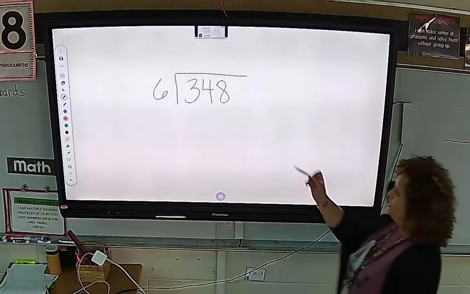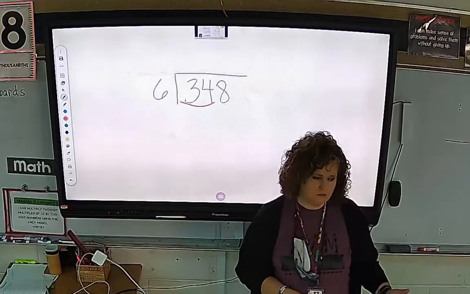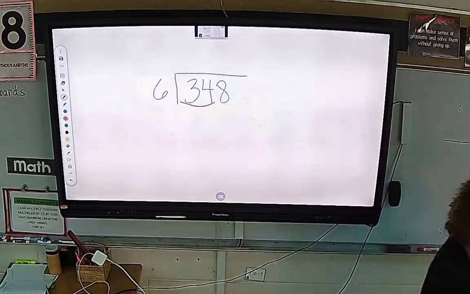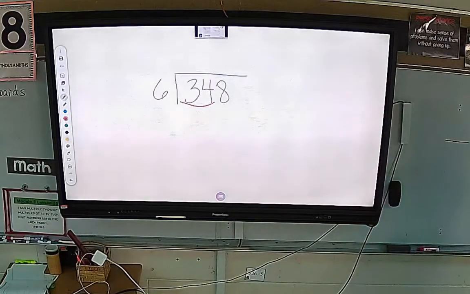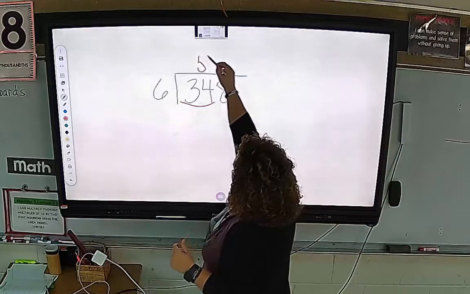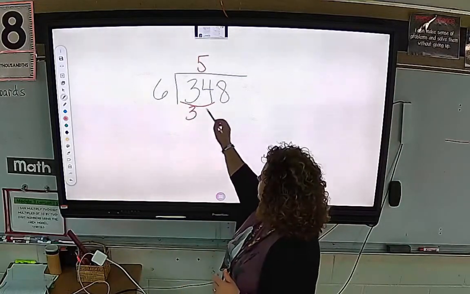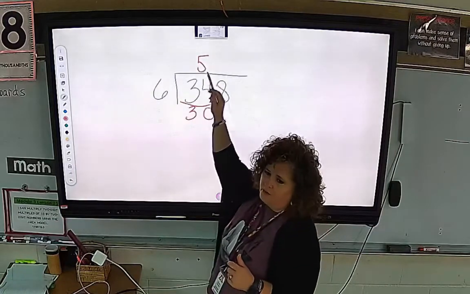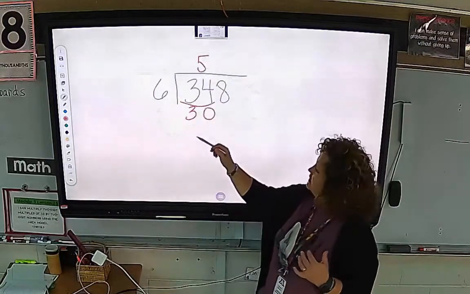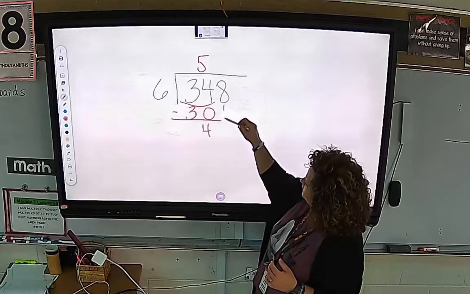No, so we're going to have to pull a digit from next door and look at how many 6s we can get out of 34. What's the most 6s we can get out of 34? 5, okay. Isabella, what is 6 times 5? 30, okay, so we're going to subtract that because if we went up to 6 right here, it would be 36, a little too big. So we're going to subtract that and get 4 and bring down the 8.